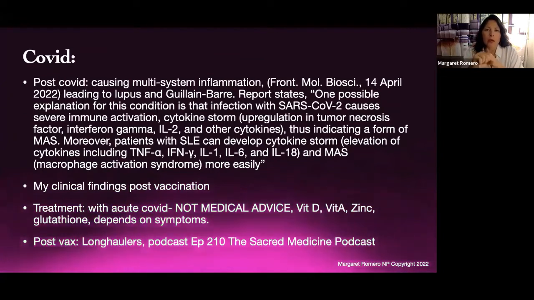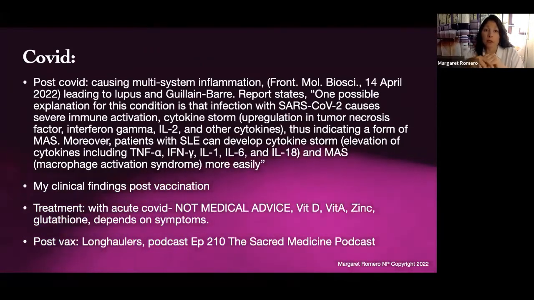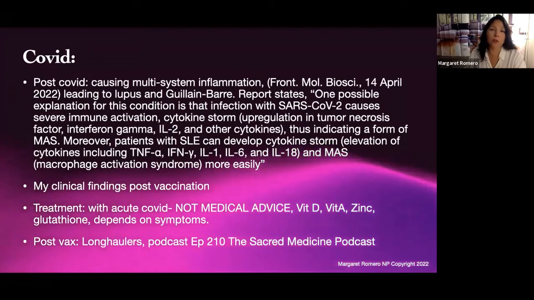There was a new report that just came out in Frontiers in Molecular Bioscience this year that claims that post-COVID is causing multi-system inflammation, leading to lupus and Guillain-Barré.